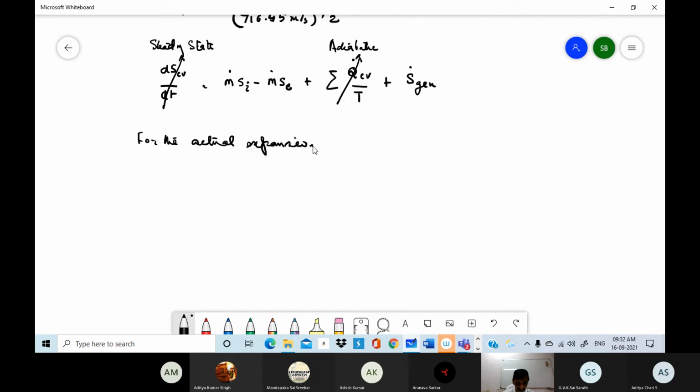For the actual expansion, we had calculated what is the enthalpy, and for that value of enthalpy, we had found that x2 actual was 0.99.